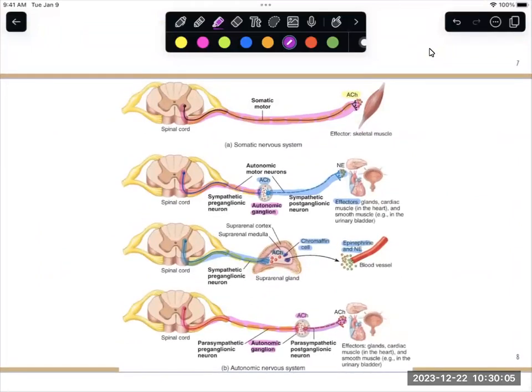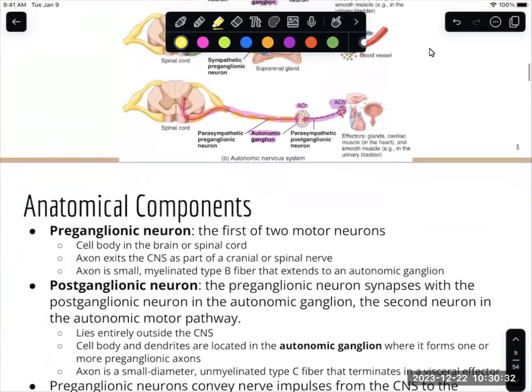So norepinephrine and epinephrine tend to be used more in the sympathetic because that's going to cause those hormones or neurotransmitters that cause that more sympathetic type of response. Acetylcholine is used by this parasympathetic over here to cause that rest and digest type of response.